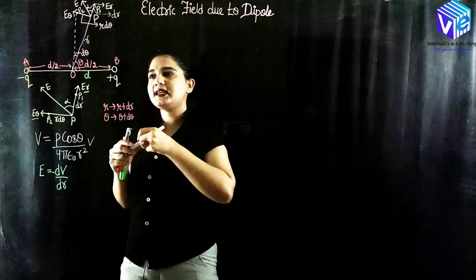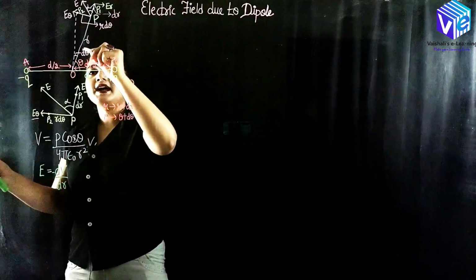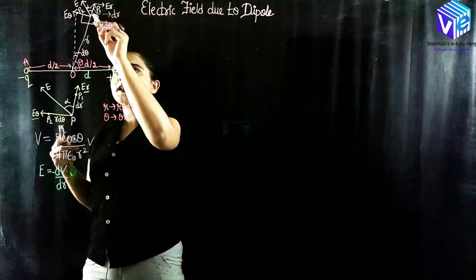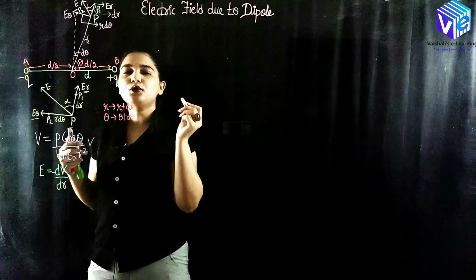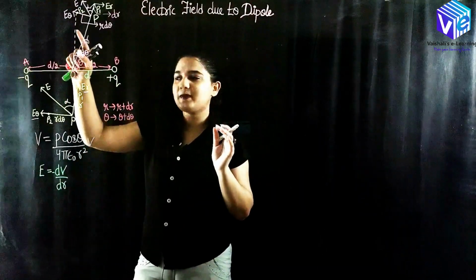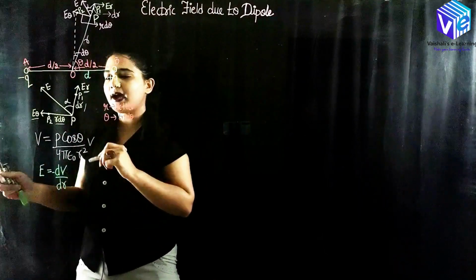Here, if this is my R and this is my d theta, PP2 will be the arc, and it is given by R into d theta, radius into the angle. This is my arc PP2. So PP2 is given by R d theta, and PP1 is given by dr.